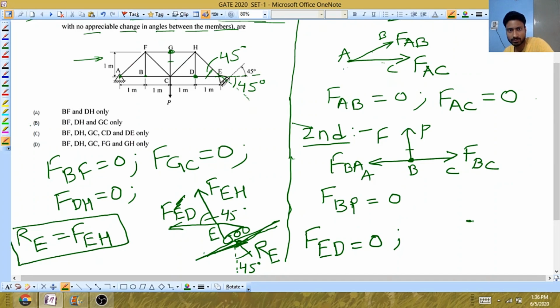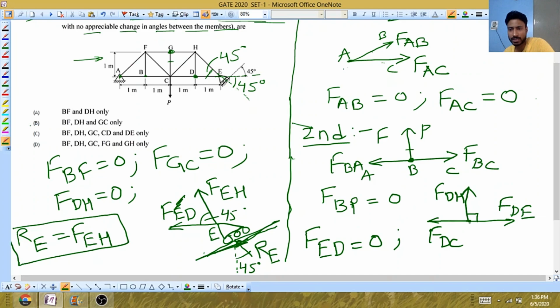If you apply method of joint at point D, you will have three forces, FDE, FDC, and FDH. Is there any other force? No. This is perpendicular. You can see these two forces, FDC and FDE, are collinear.